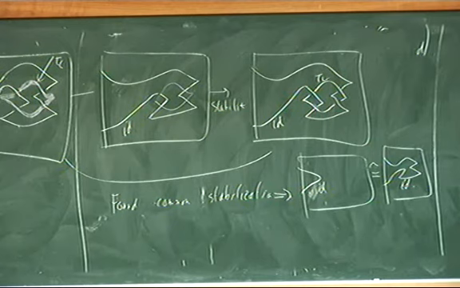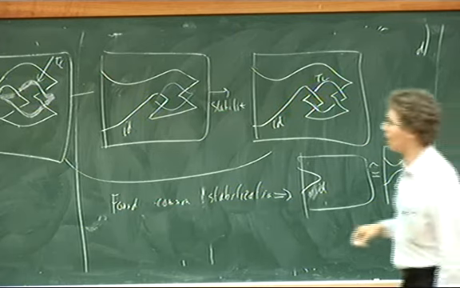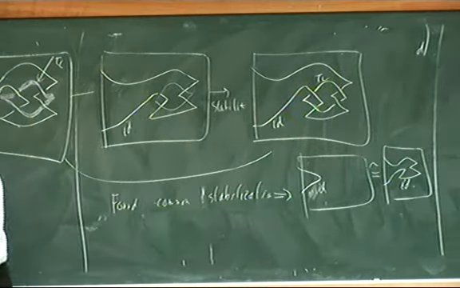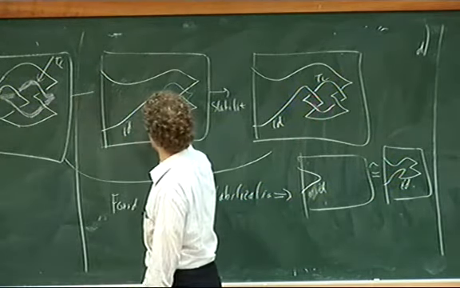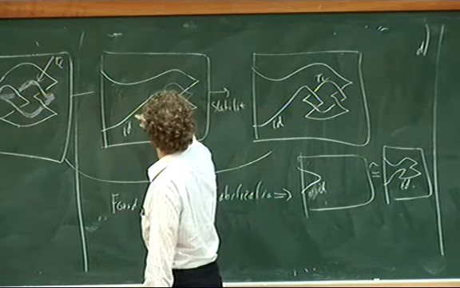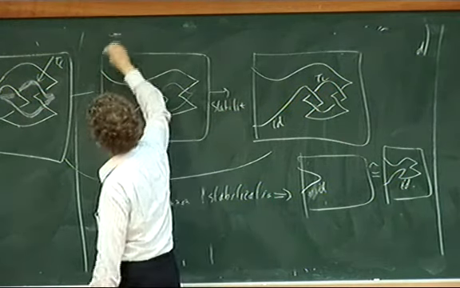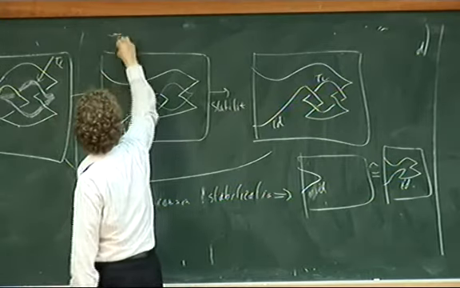Okay, so maybe. Yes. You explain the pictures one more time. So from the second picture, what happens to the third and fourth? In this picture, this is an independent picture.